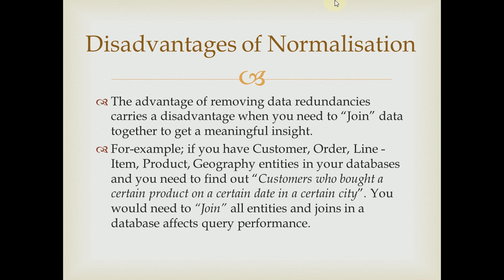The main disadvantage is, because you separate your entities out, now you have to join these entities if you want any meaningful insight. So for example, if you want to know the customers who bought a certain product on a certain date in a certain city, which is quite a frequent question that the marketing or sales department want to know.